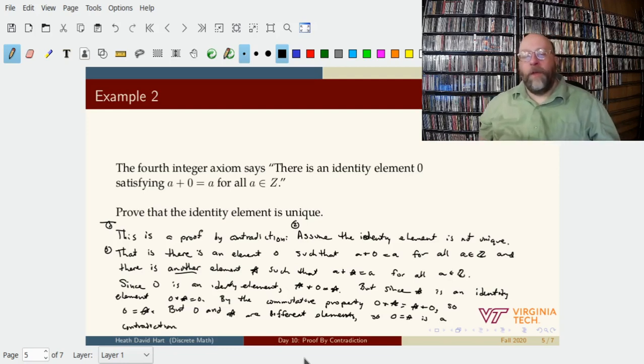We're assuming that the identity element was not unique and that star was another element, not the same element. So they can't be equal. Well, now that we have a contradiction, then the original statement is true. Therefore, the identity element is unique.